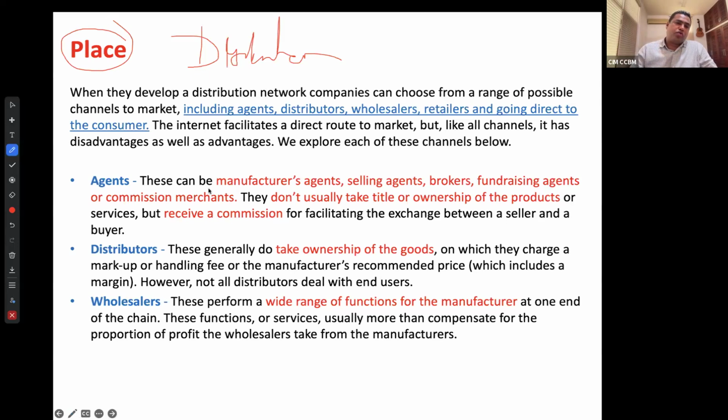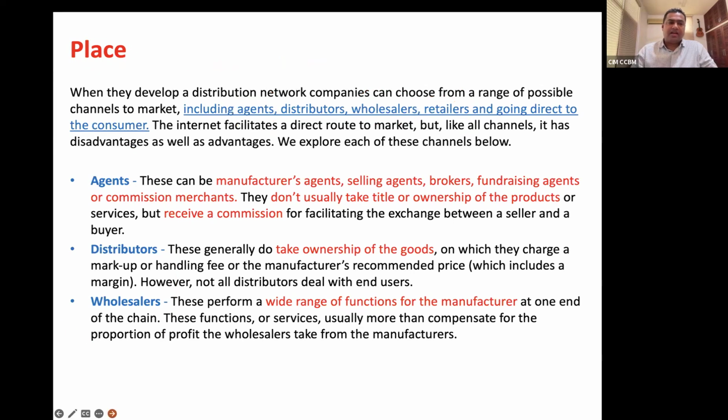So you can distribute your product via agents, wholesalers, retailers, distributors. There is a definition here for each. You don't need to study these, but know that there are different types and forms of distribution.